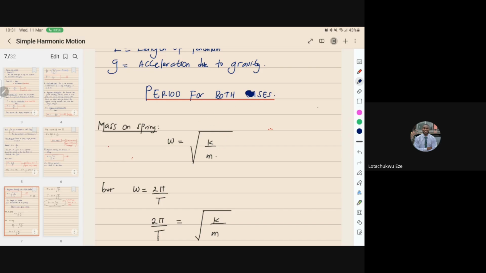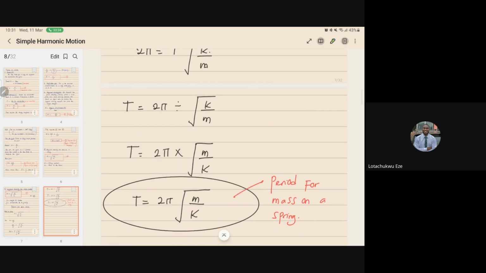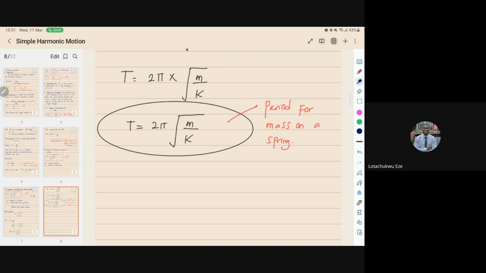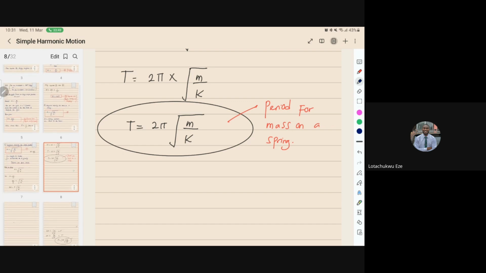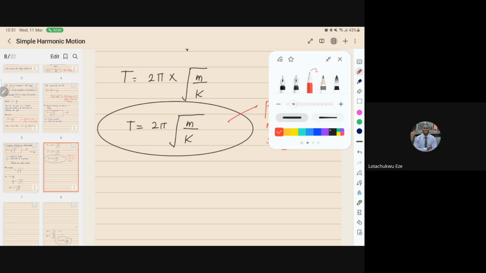So now, for us to get the period of mass on a spring, I had to take you through some acrobatics, and I said that this is what you need to remember. Then I gave us an assignment to go and check the period for a simple pendulum. And that is exactly what I'm going to do right here. Then I'll give you a summary of formulas that we need to remember at every point in time, as long as simple harmonic motion is concerned.